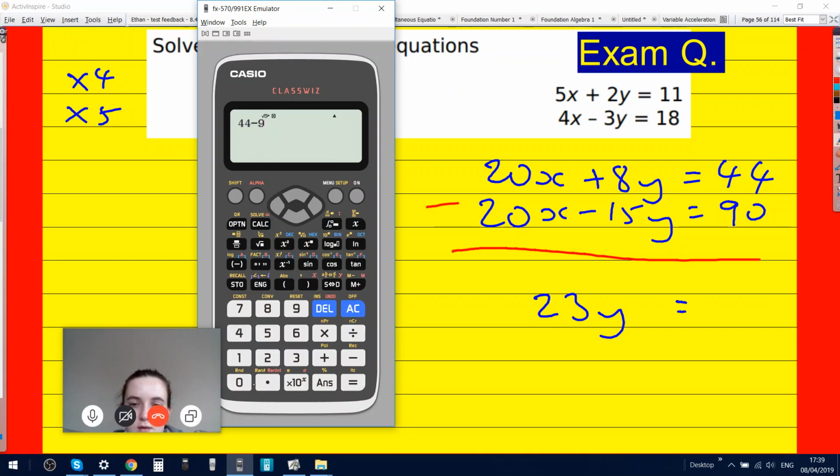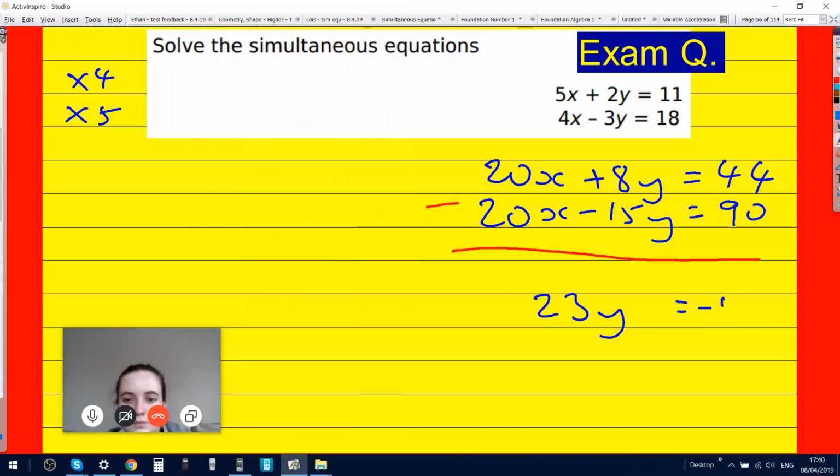And so y equals 2. Minus 2. Yeah. So y equals minus 2. Okay.